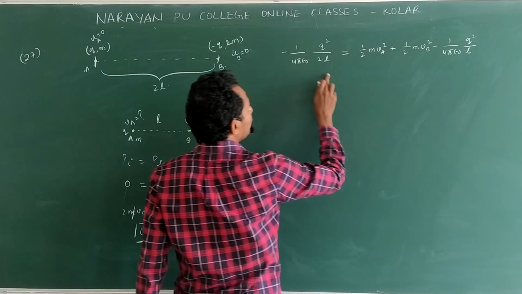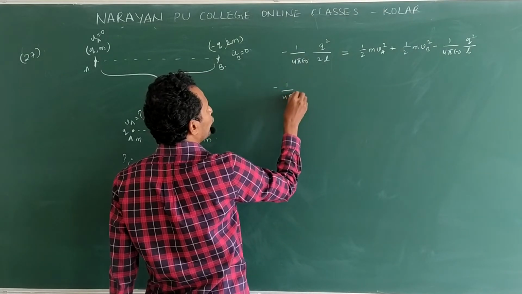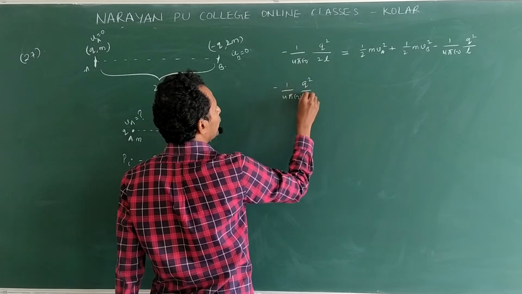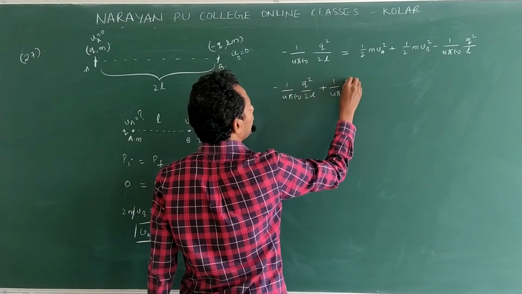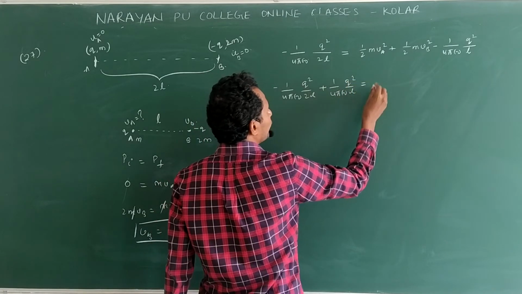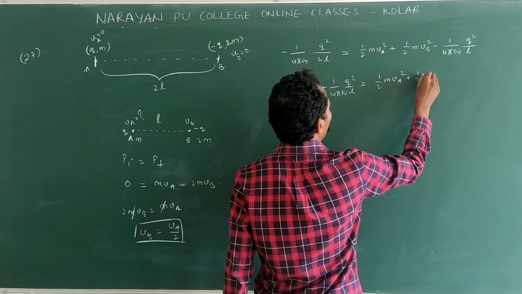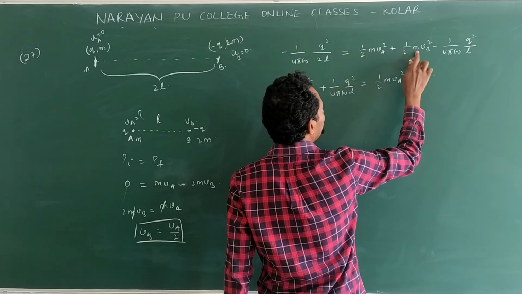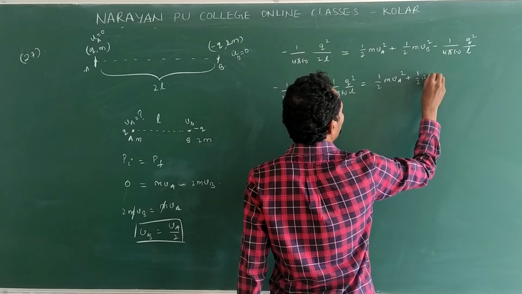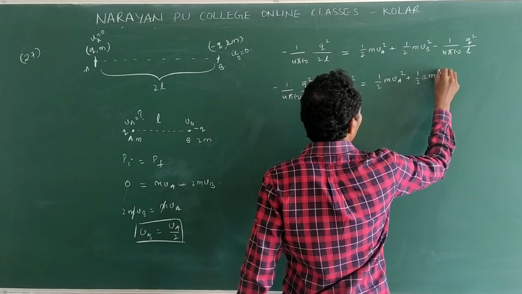This VB value we substitute in this expression. Then this comes to this side, it will become plus: minus 1 by 4 pi epsilon naught Q square by 2L plus 1 by 4 pi epsilon naught Q square by L is equal to half m VA square plus half of m, here m is the mass of the second body, 2m, VB square. What is VB?